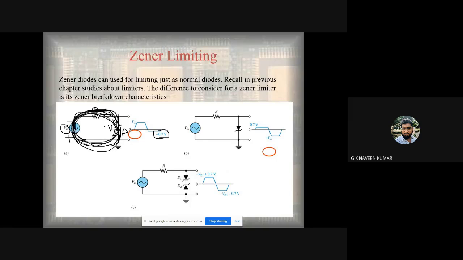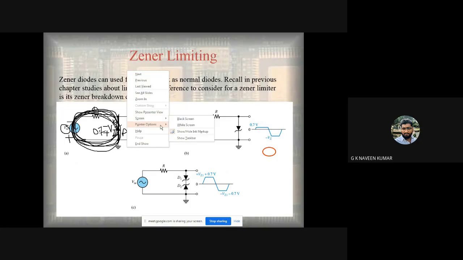As this is negative and this is positive, your drop will appear like this, and this is your negative 0.7 volts. Beyond this, it will be 0. Everything beyond this will be clipped off. This is your forward voltage, that is minus 0.7.